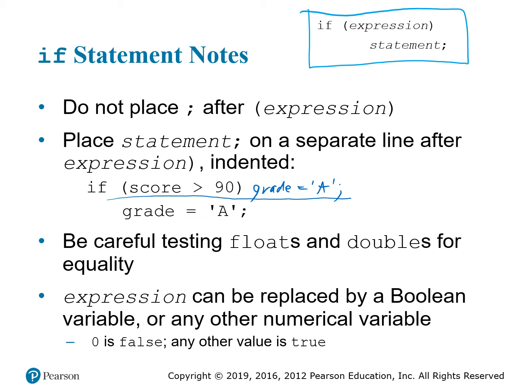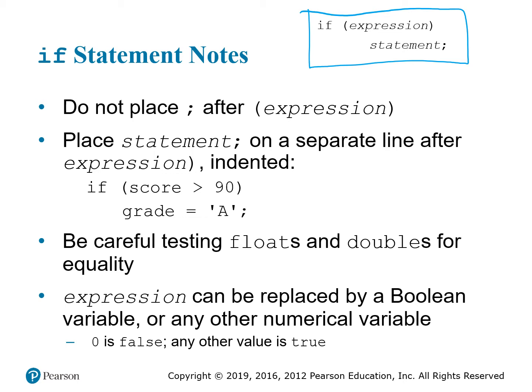However, most C++ programmers frown on that style. They would want you to put a carriage return and an indent there. And most C++ IDEs these days will put the indentation in for you. As soon as you hit return after an if statement, it will indent for you to type that next line.